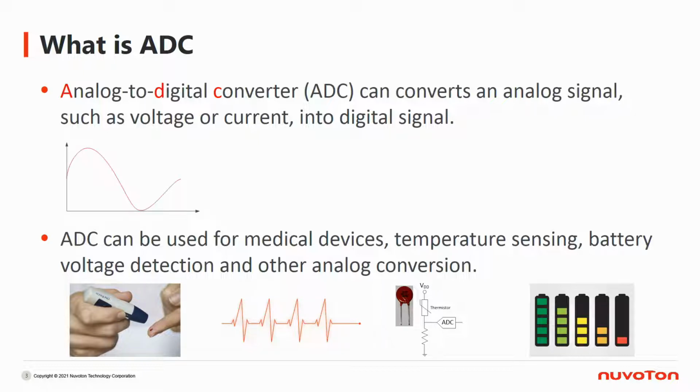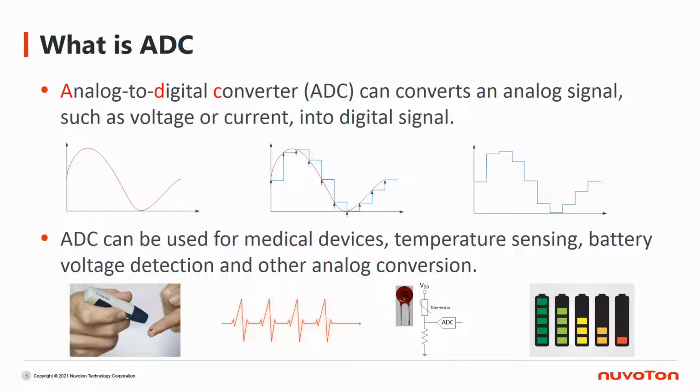We can take this graph for example. This is an analog signal. How do we convert this analog signal to a digital signal? The way is to sample the value of the analog signal every period of time. Like the second graph, we sampled it about 10 times to get the digital signal. The third graph is the converted result.